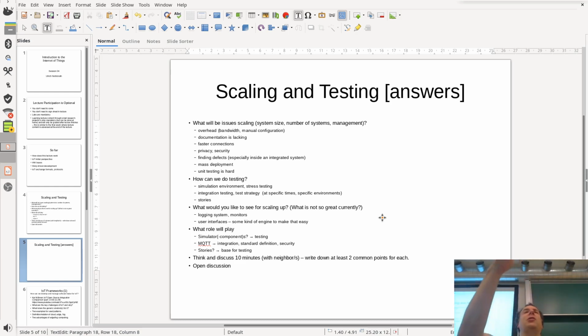Somebody of you said there might be too much bandwidth. Actually, MQTT is a pretty lightweight protocol, so it helps with resource management. Also, MQTT helps with guaranteeing that messages arrive, so quality of service is in MQTT. Security, quality of service.